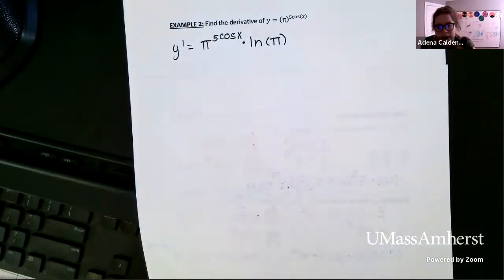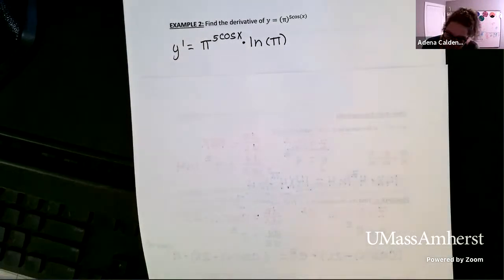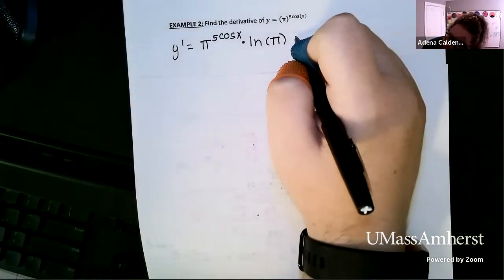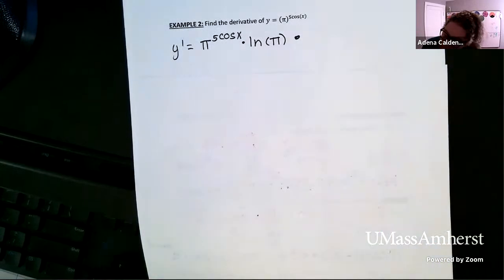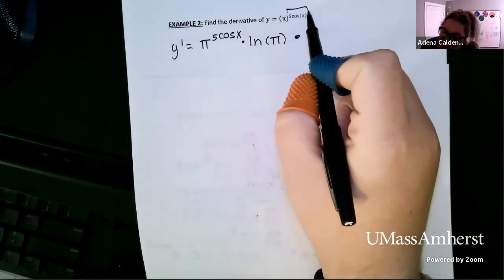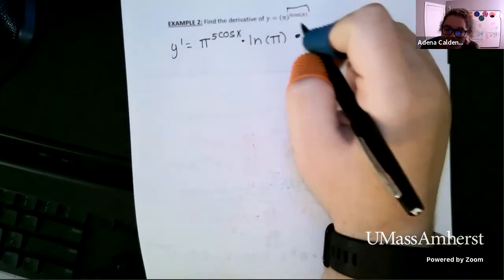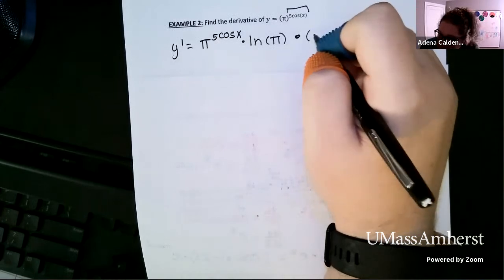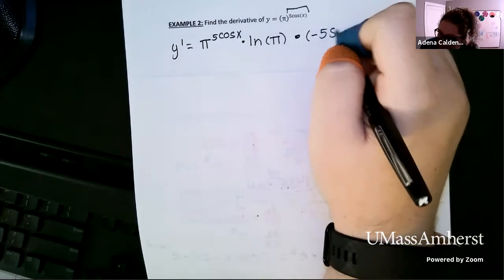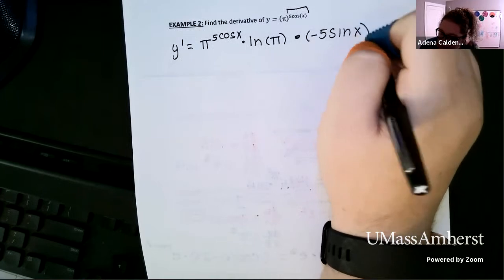That's like our a to the x form, same thing back, times the natural log of the base. But for the chain rule, we have to remember to also multiply by the derivative of the power. So we have to multiply by the derivative of 5 cos x. The derivative of cosine is negative sine. So we have negative 5 sine x.